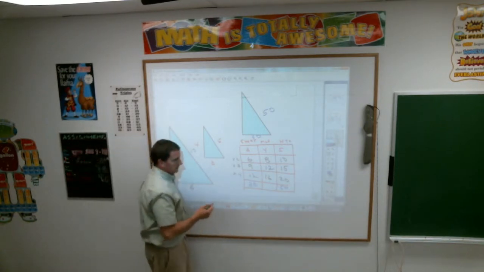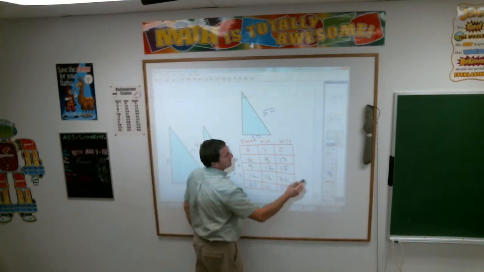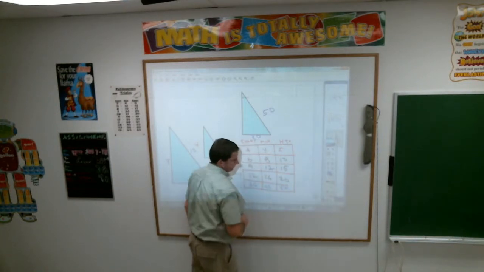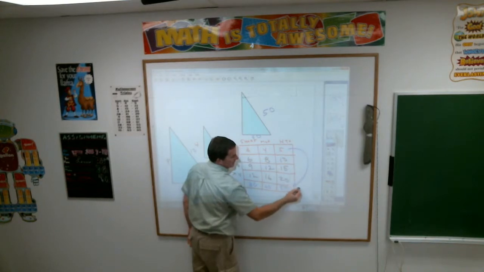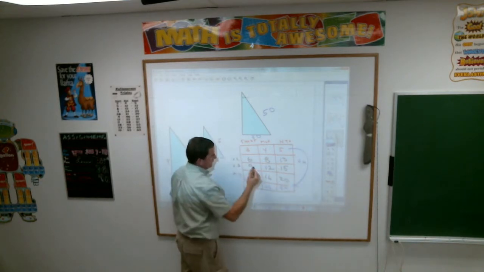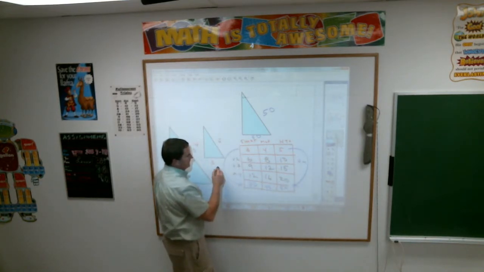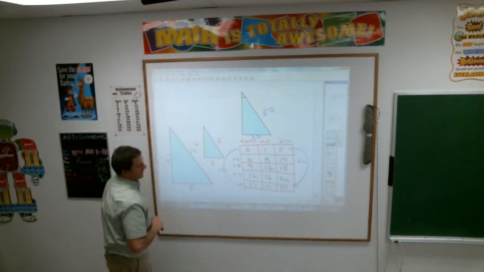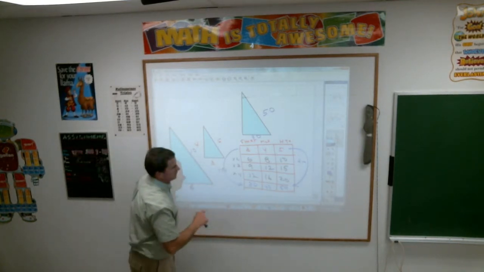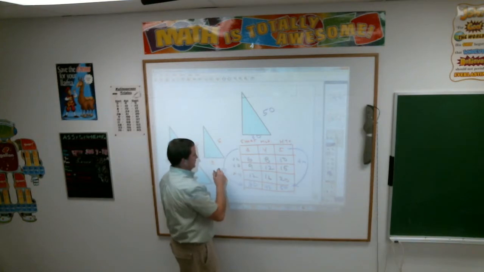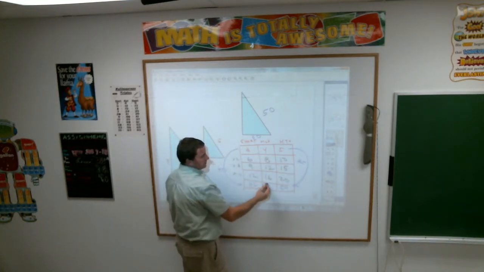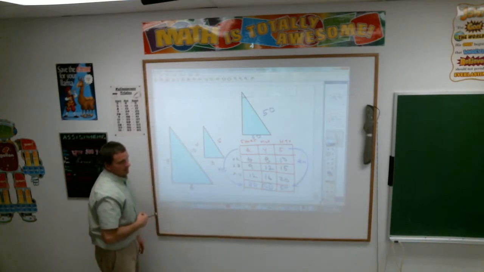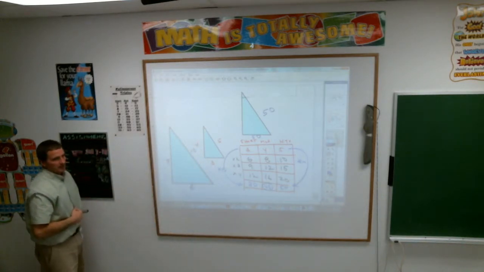Why is it 40? Because if you divide it all by 10, it's 3, 4, 5. So the hypotenuse 50 is 5 times 10, as is 30 is 3 times 10. The other one would have to be 4 times 10, which is 40. It has to be that way.